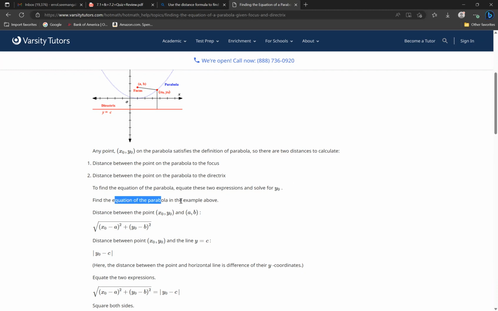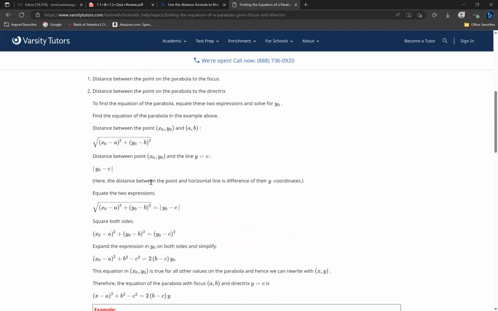This is the distance between the point (x0, y0) and the line y equals c. Okay, here we go. Absolute value of y0 minus c. Here, the distance between the point and the horizontal line is the difference of their y coordinates.